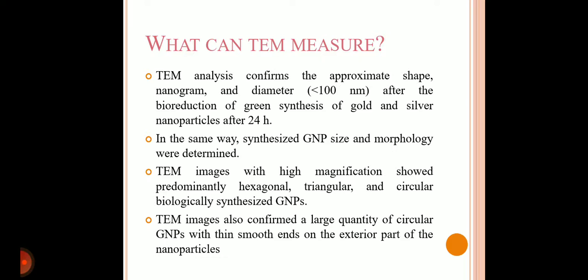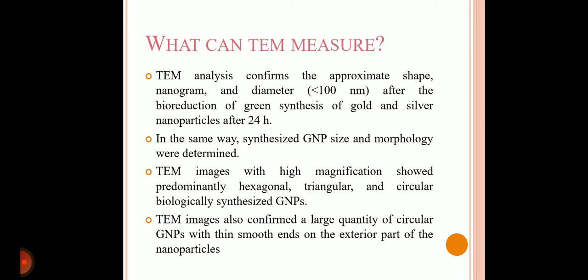The shapes of particles produced were hexagonal, spherical, triangular, and some were nano triangles, which were monodispersed with a large surface area. The formation of spherical nanoparticles was due to the capping agent of biomolecules rather than formation of triangle or hexagonal structures.